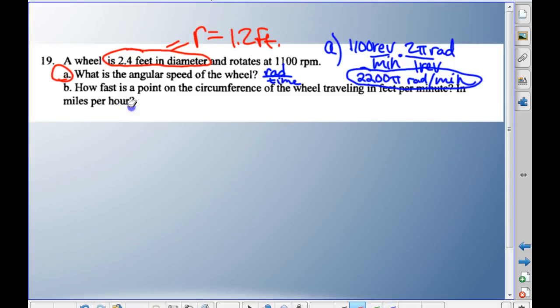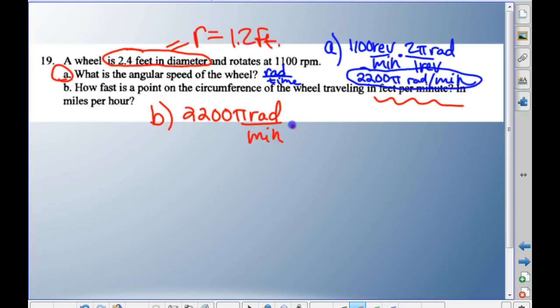All right. Part B says, how fast is a point on the circumference of the wheel traveling in feet per minute? To change 2,200 pi radians per minute to feet per minute, we need to go from an angular to a linear velocity.